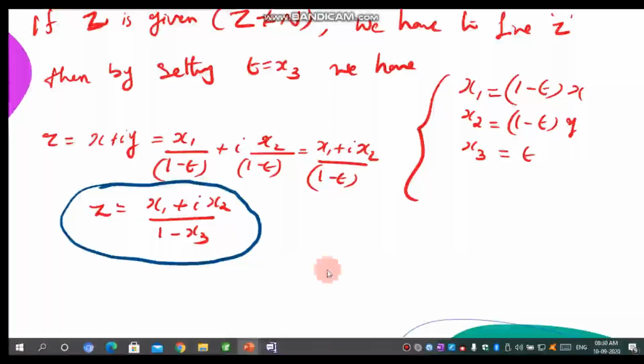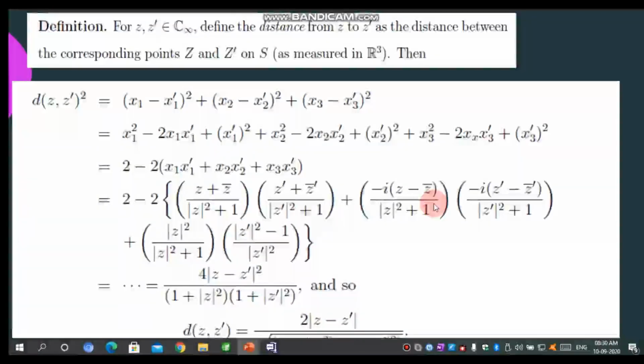Now what we are going to do is give a distance function on C infinity. So z and z dash belong to C infinity, and we define the distance from z to z dash as the distance between the corresponding points capital Z and capital Z dash, as measured in R3.